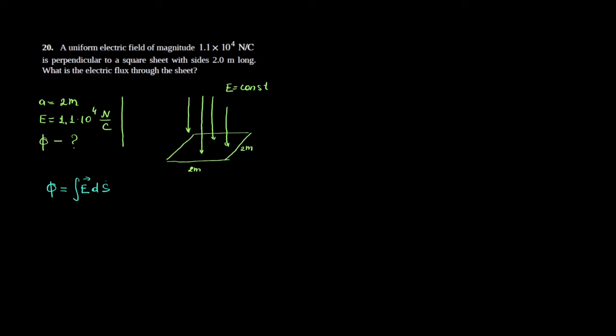Again, in this case, the electric field is perpendicular to the surface, so the angle between E and ds is equal to 0, so cosine 0 is 1 again, and taking into account that E is also constant, we can write E ds, and it's E S.